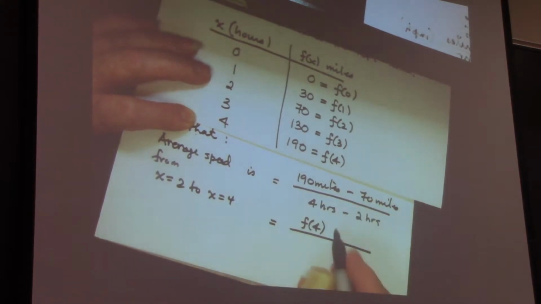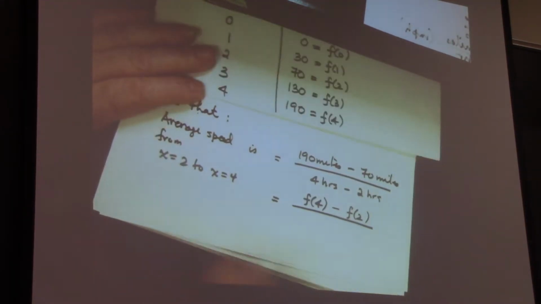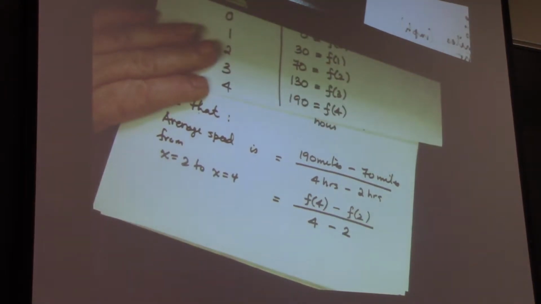How about 70 miles? Two. That's f of 2. And then the denominator, I'm going to take off the units, is 4 minus 2.